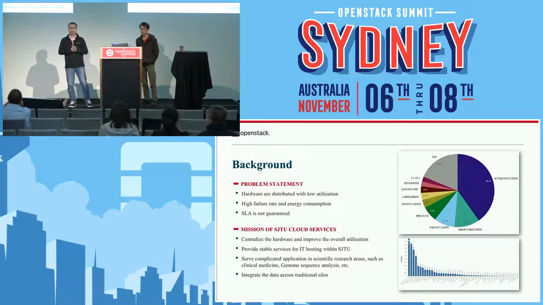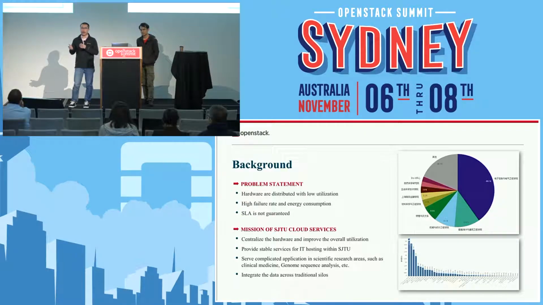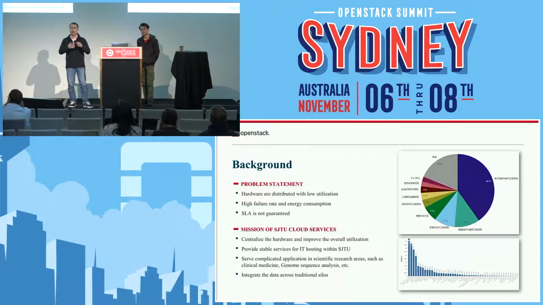But the hardware is distributed with low utilization around the whole university. And different colleges, such as computer science and biology, cannot have great conversation or even share data between them. So this is the problem the Shanghai Jiao Tong University network center is going to resolve.